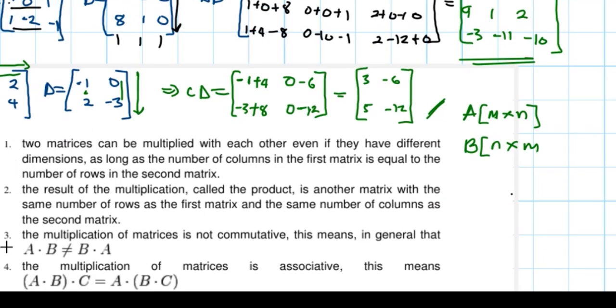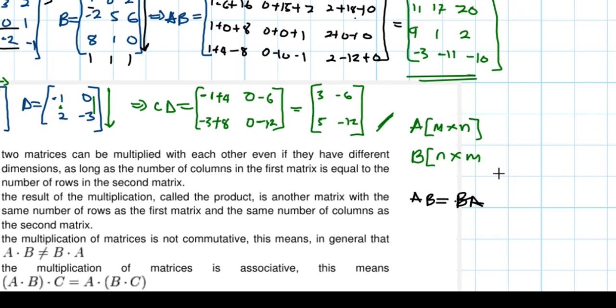So let's look at the third property here. It says that multiplication of matrices is not commutative, unlike normal arithmetic where AB is the same thing as BA. For instance, 2 times 3 is the same thing as 3 times 2, right?